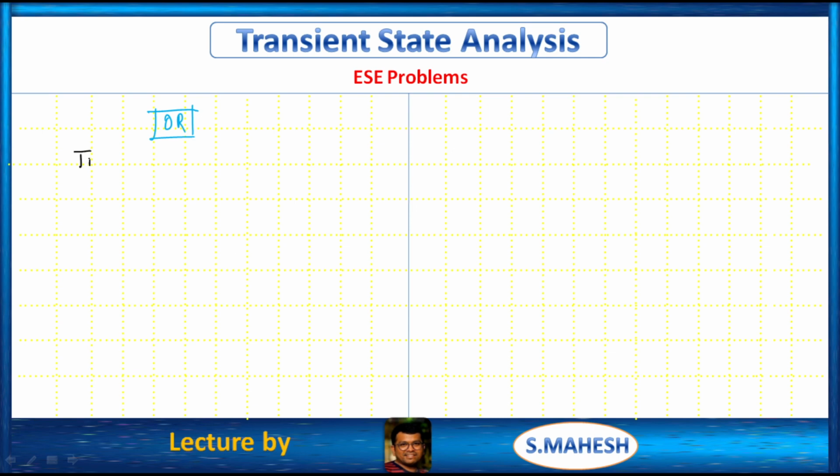We know that the time constant tau is equal to R equivalent into C, RC. If it is an RL circuit, L by R, right?